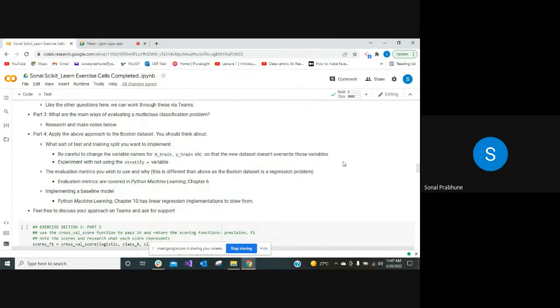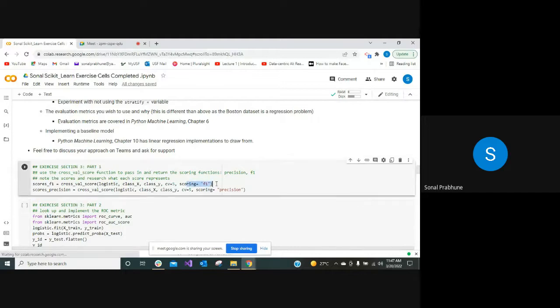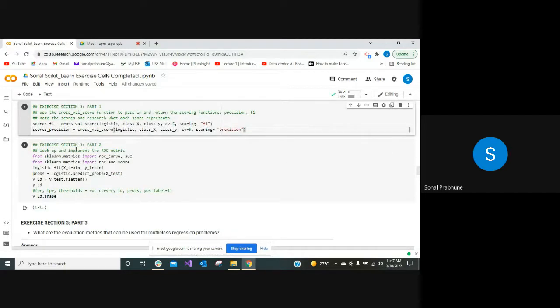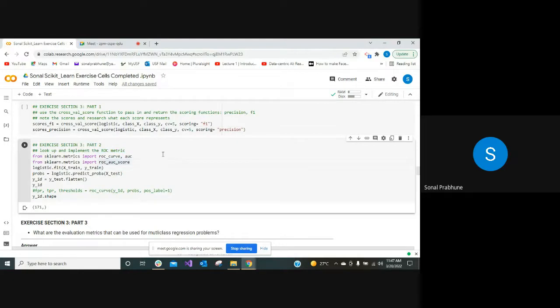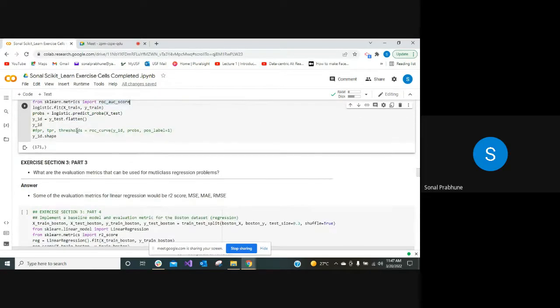The first part of the exercise was to use a cross-validation function with scoring as F1, and scoring as precision. Those are the ways we can implement that. The second part was to look up and implement the ROC metric. To implement it, we import ROC and AUC and then score it.